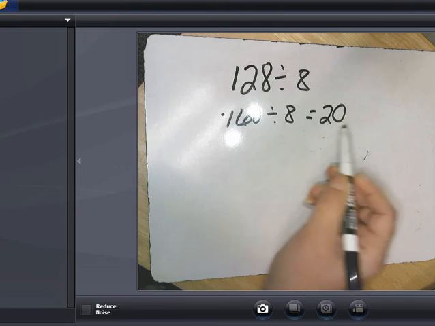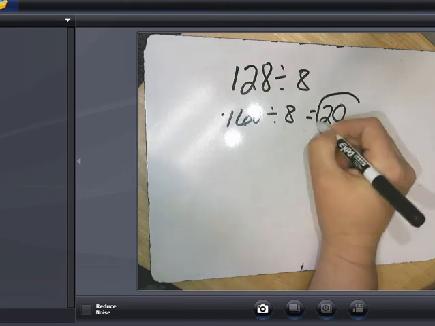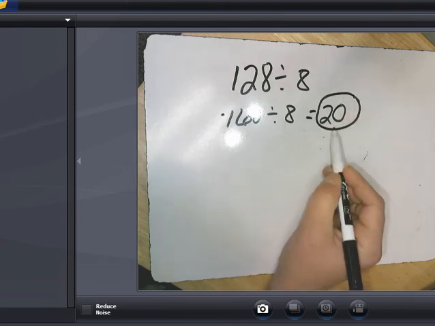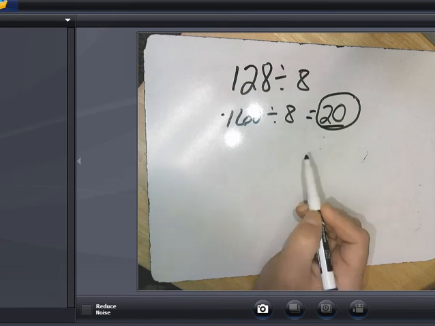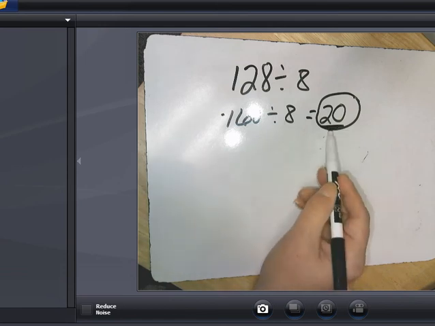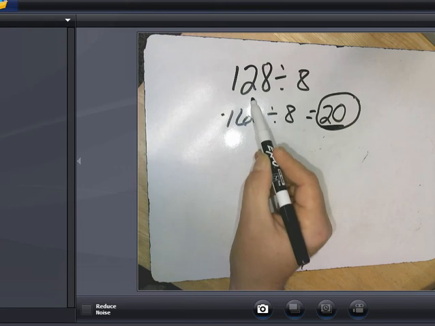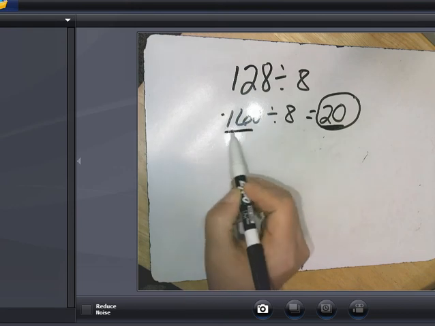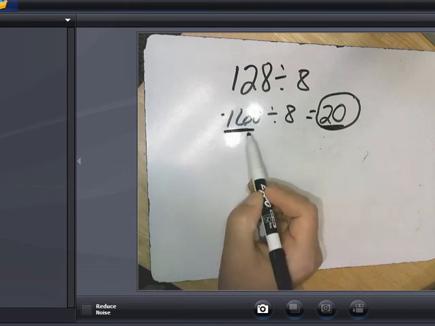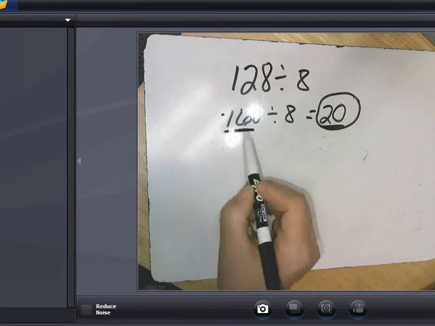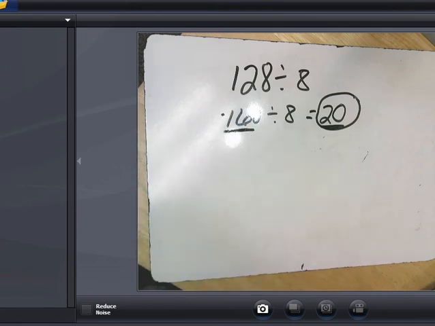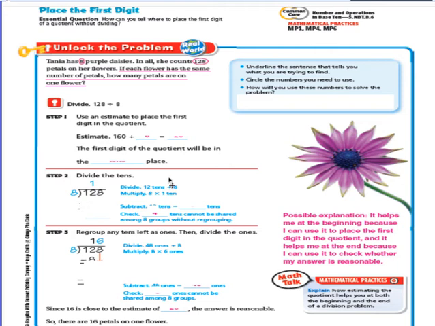So my estimation is my answer, or my quotient, is going to be 20. Now it's going to be a little high because I rounded up, but I wanted to get an easy number to help me divide by. So this is why you need to know your division facts. So now we're back here, so I would do 160 divided by 8, and I got 20.